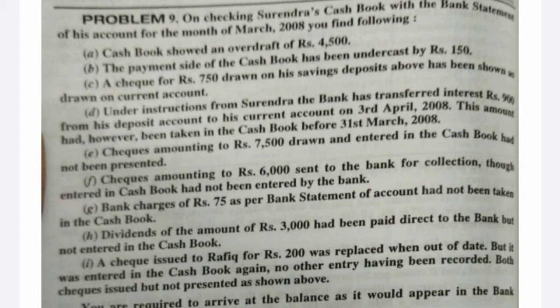But he is recording this expenditure wrongly in the current account, for which we are preparing the BRS, on the credit side of the cash book.